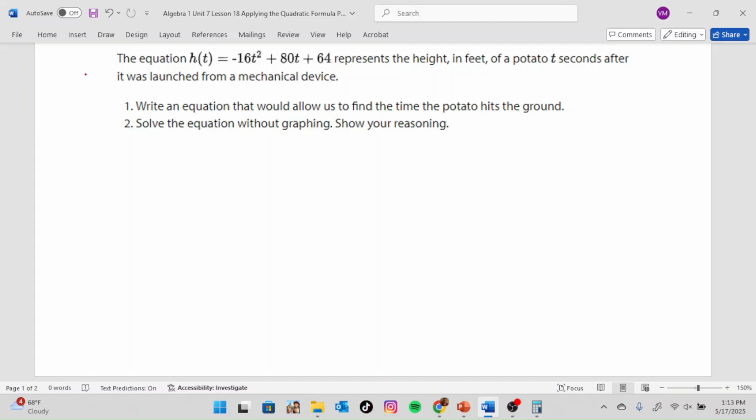That means they just want us to set this standard form equation equal to 0. So for number 1, we're going to have negative 16t squared plus 80t plus 64 equals 0.